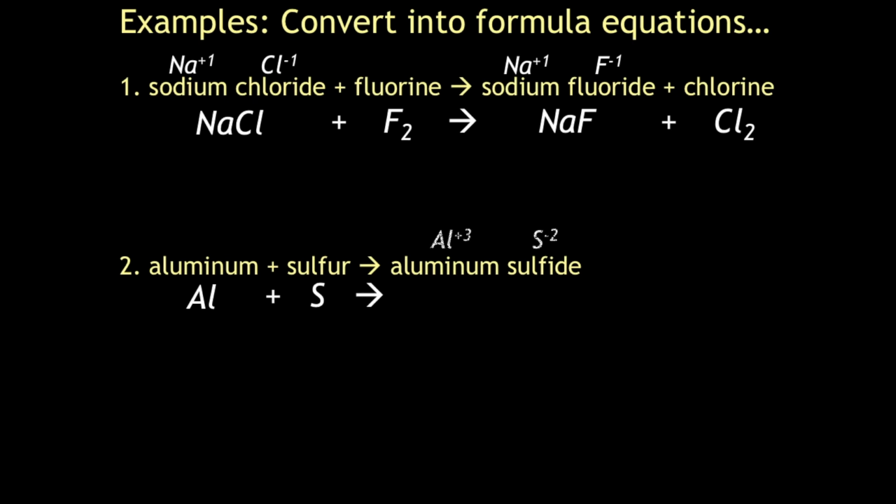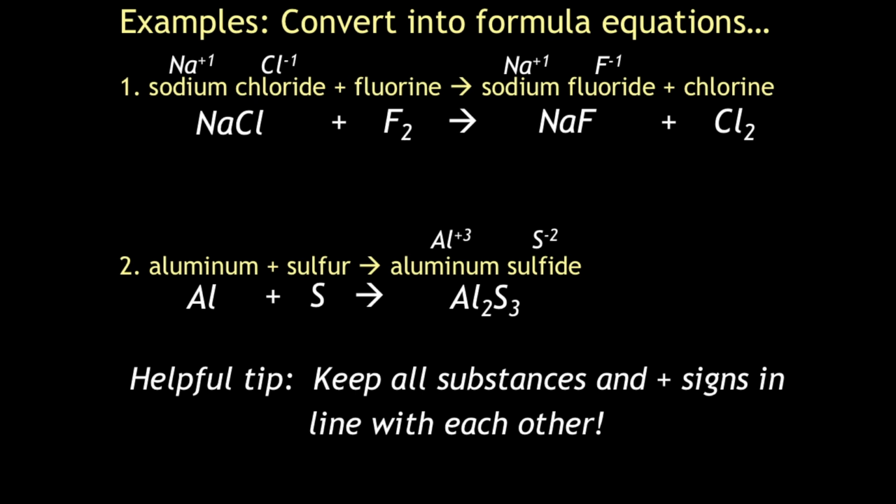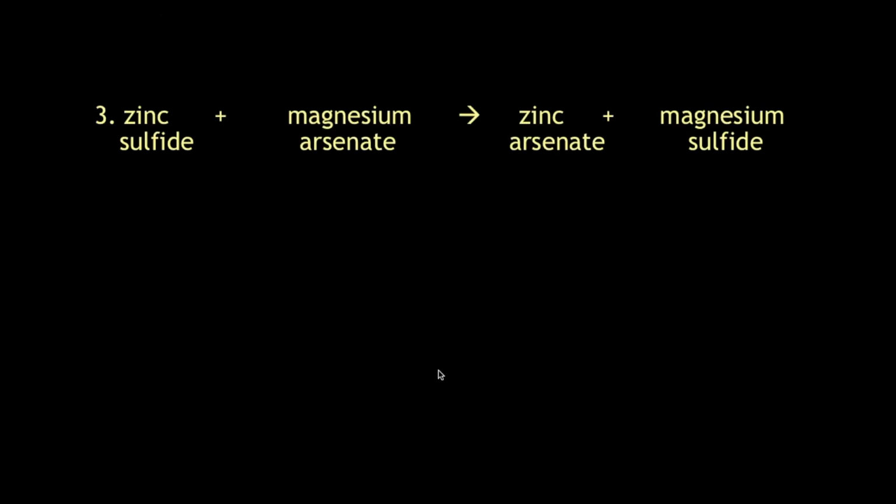So then that's when you put the charges at the top. So I like to bring this 3 down here and the 2 down here, so it would be Al2S3. That's my way of bringing down the formula. So again, keep all of the substances and signs aligned with each other. Otherwise, you'll probably leave out a substance at some point in the testing, and you'll be very sad.